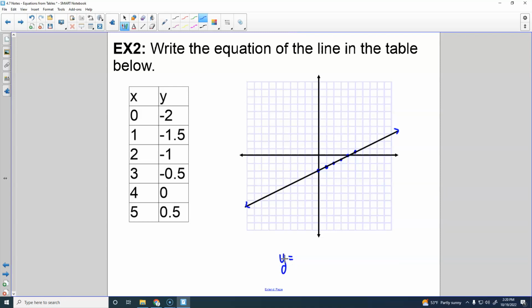Isabella, what do you think the equation for that line is going to be? What is the 0.5 going to be? Is that your slope or your y-intercept? Okay. And then what's the y-intercept?